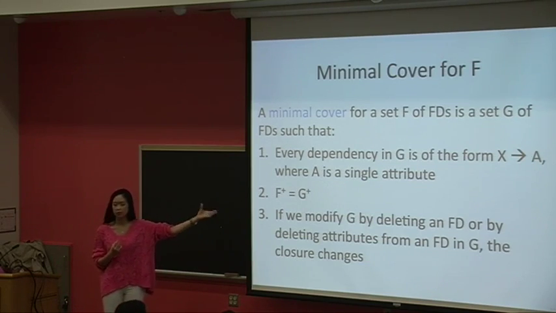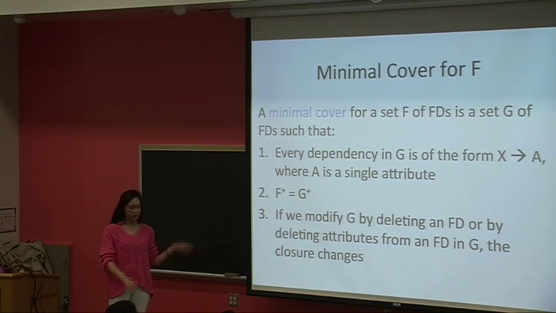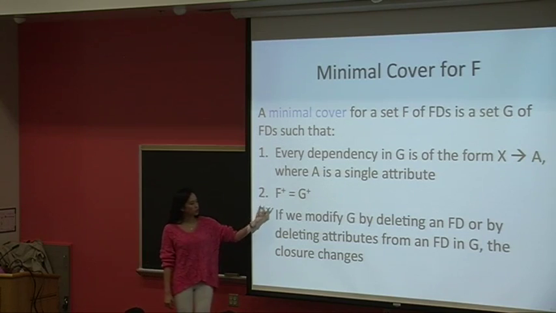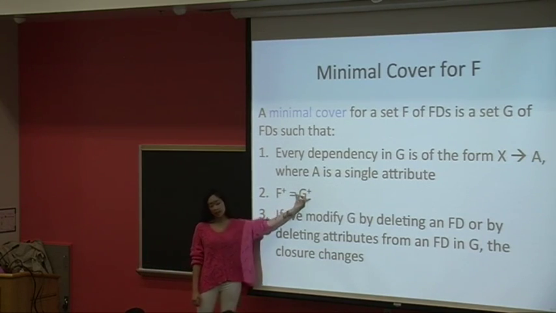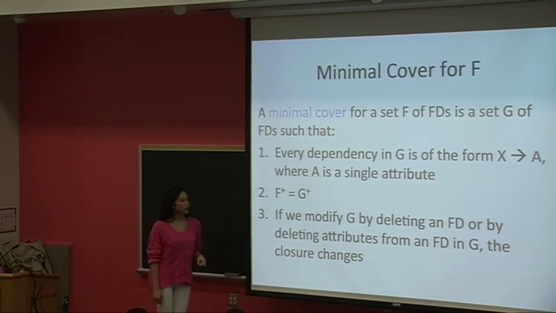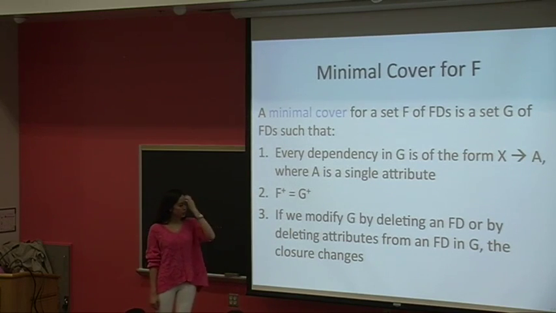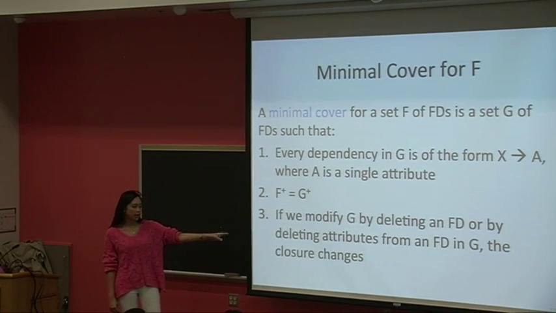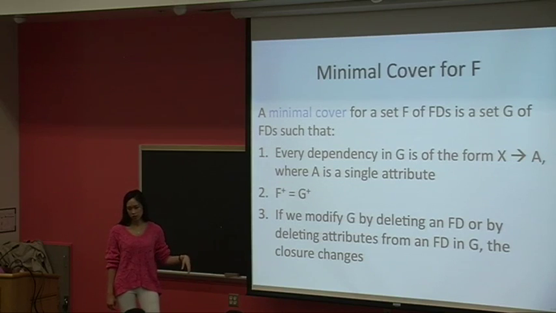Not like what we learned before, where sometimes they can be a set of attributes. The second requirement is that the closure of F and the closure of its minimal cover should be the same. The third is that if we modify the minimal cover G by deleting a functional dependency or by deleting attributes from a functional dependency, the closure will change.